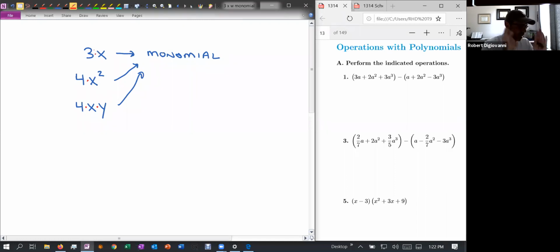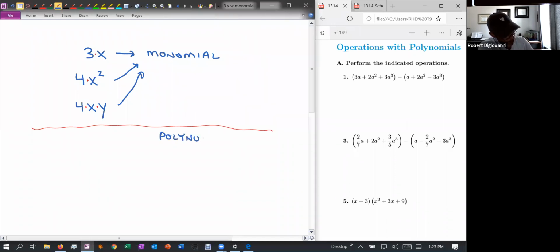That's what makes up a monomial. A polynomial is just the sum or difference of monomials.